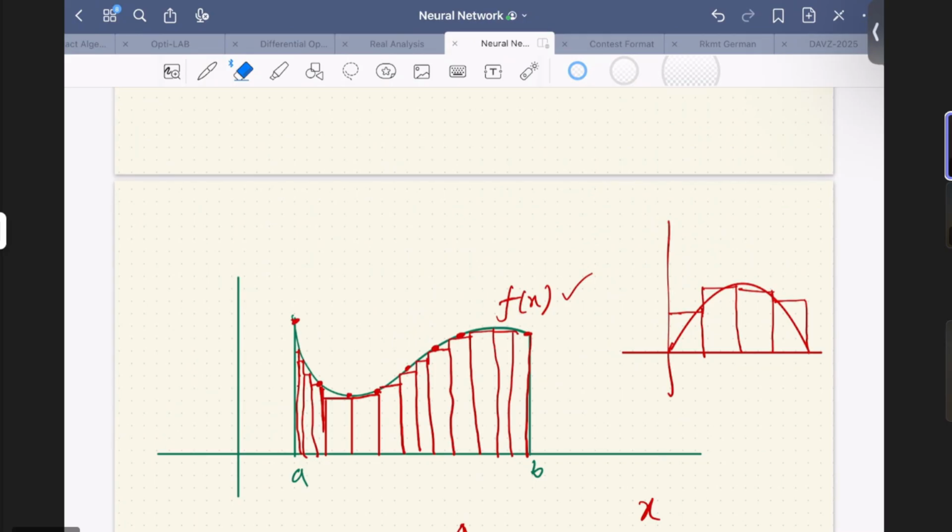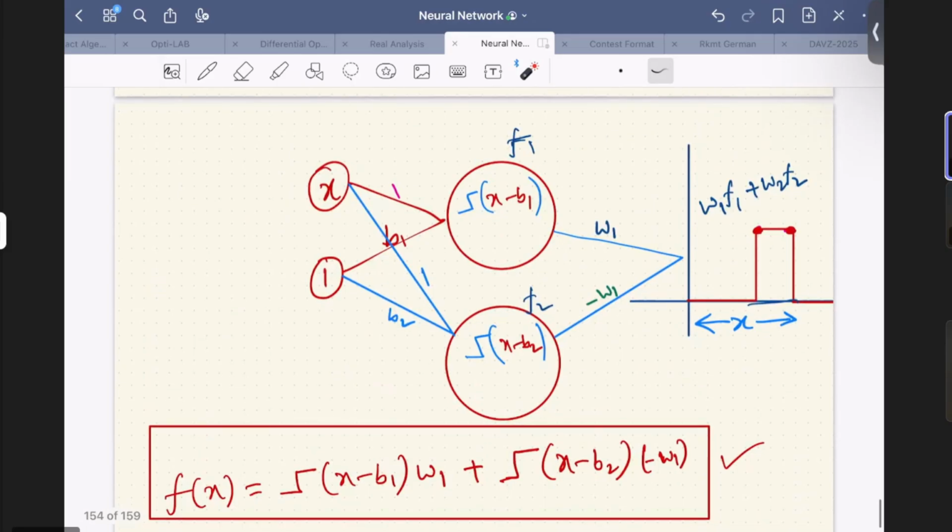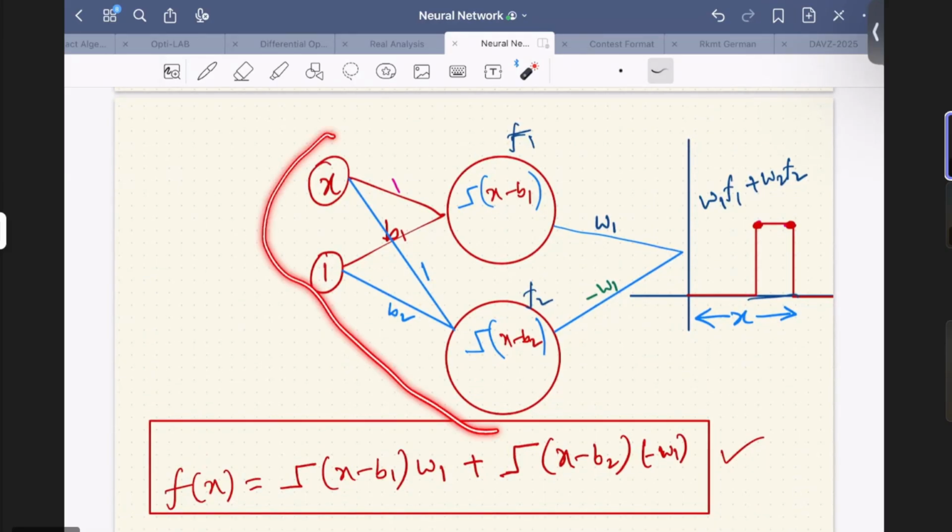Approximating means we are putting several hundreds of rectangles inside a particular curve, so that our neural network, whatever neural network we are taking, behaves as an approximator of rectangles, right?